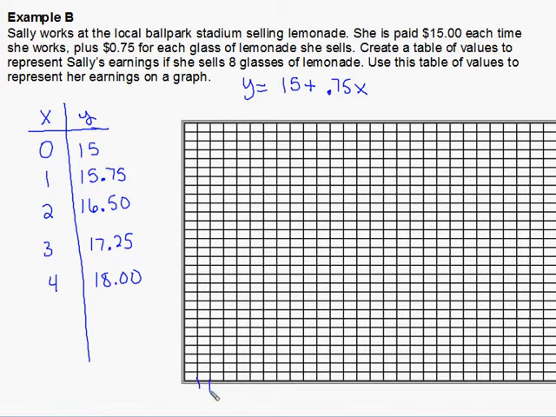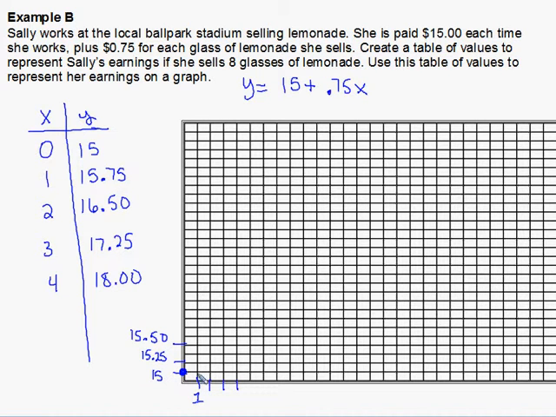So they've got 1 glass, 2 glasses, 3 glasses, 4 glasses, etc. And I'm going to go ahead and start my Y at 15 because I don't have any values less than 15. And then I'm going to go up by a quarter each time, since I'm dealing with 75 cents. So far, okay?